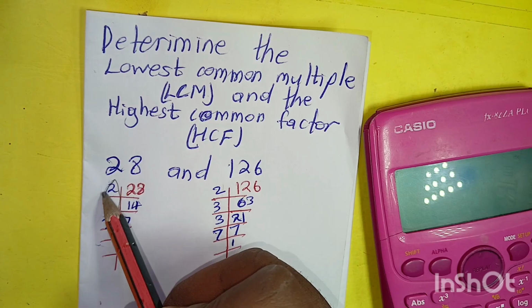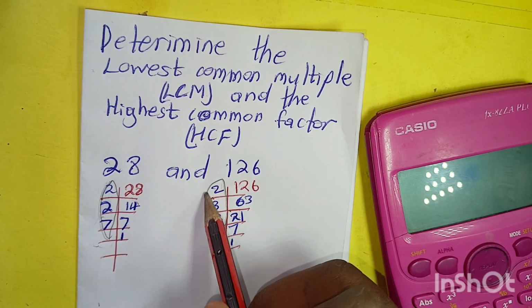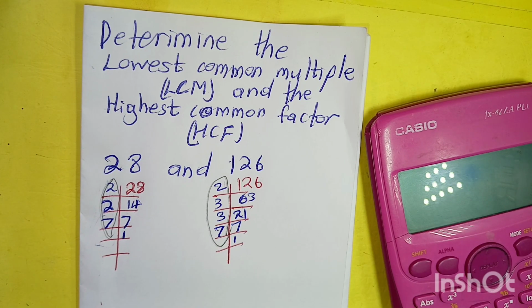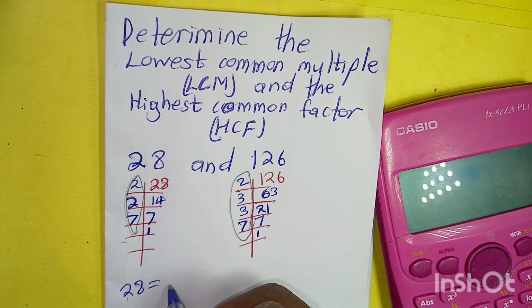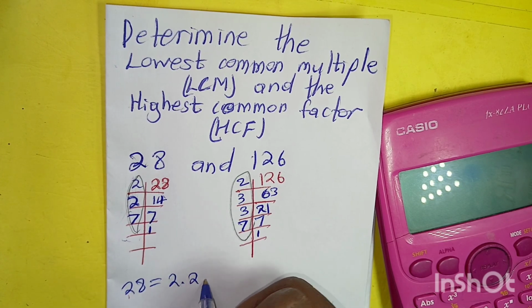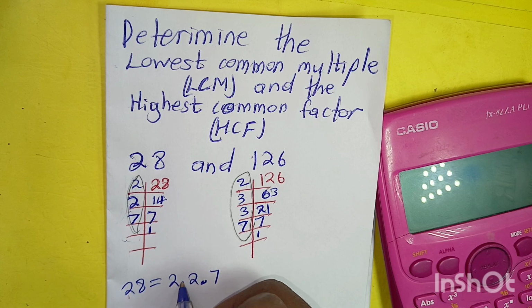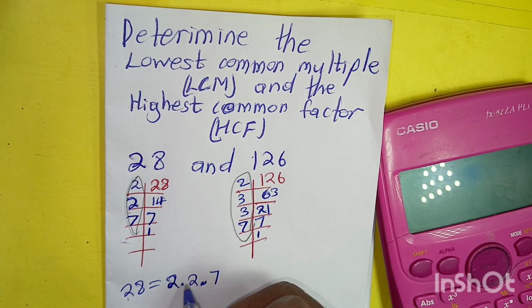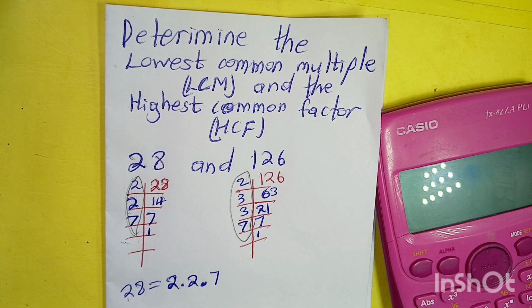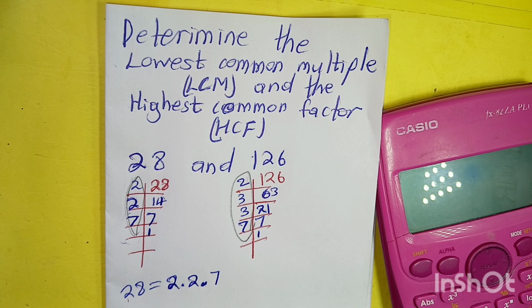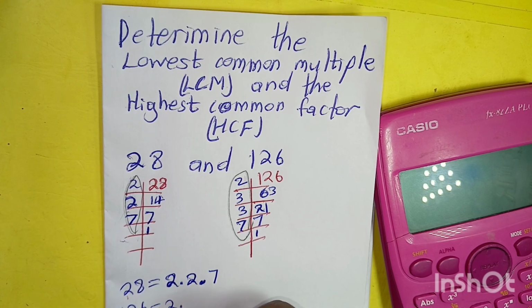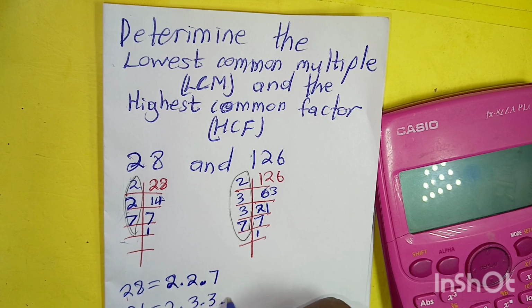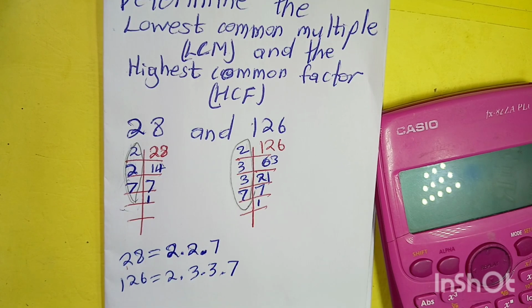Here we got 28, which is 2.2.7. That dot, guys, represents multiply. Do not forget that. Then we got 126, which is 2.2.3.3.7.